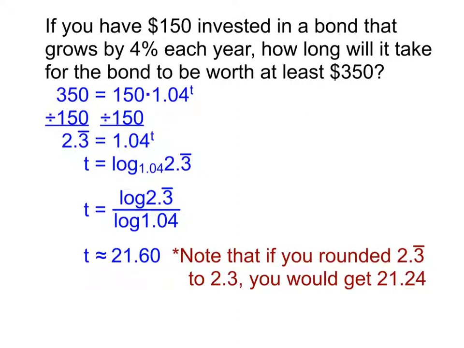If you did this calculation without using the whole decimal, the 2.3 repeating that your calculator left in there for you, and you just called it 2.3 instead, you get rounding error in this problem. Specifically, instead of getting 21.60, you get 21.24. It's a decent sized difference in terms of the actual answer here. So again, make sure you use the exact number.